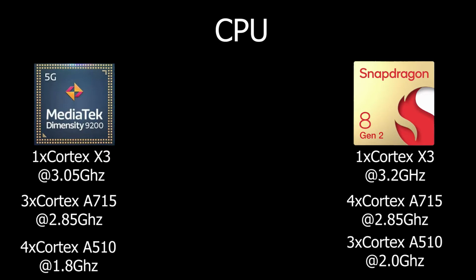Talking about the last tier, you will get 3 cores based on the same design, and the speed is improved. We can see that for the first time the efficiency cores are going up to 2.0 gigahertz in this segment.